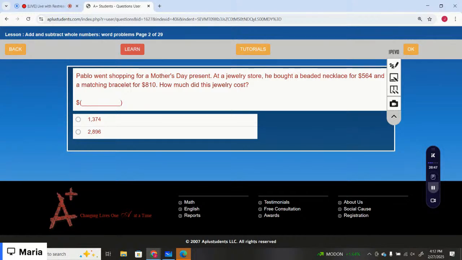Pablo went shopping for a Mother's Day present. At a jewelry store, he bought a beaded necklace for $564 and a matching bracelet for $810. How much did the jewelry cost?